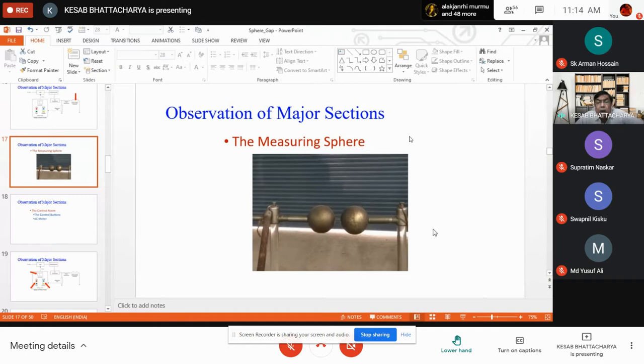Therefore, for a parallel plate capacitor, where the field is uniform, E is equal to simply V by D.